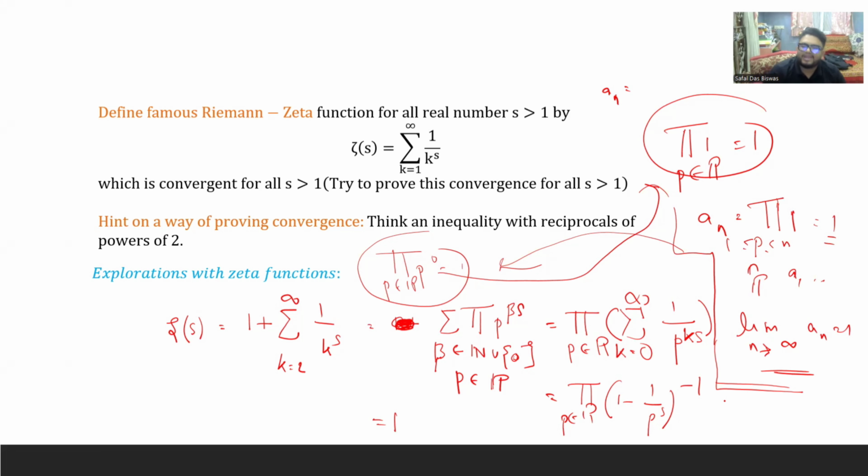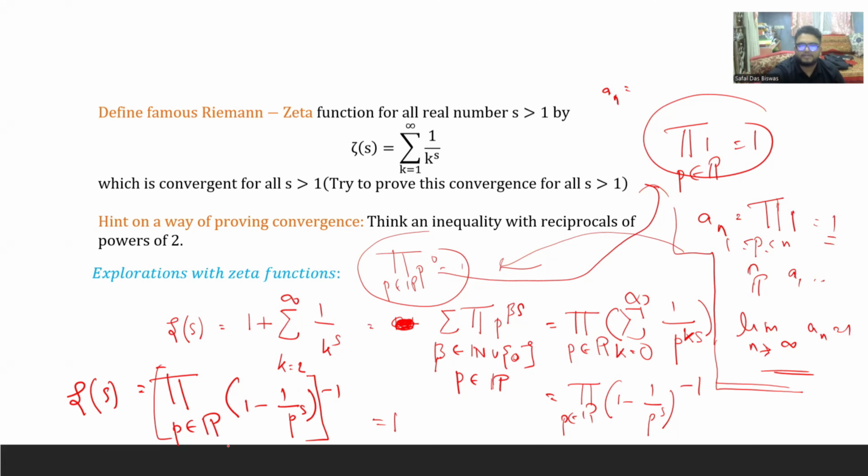Okay, that's it. That means zeta(s) is the product over p belonging to P of (1 minus 1 by p to the power s) whole to the power minus 1. That's the expression for zeta(s) using prime numbers, and that's the thing we need for this problem.